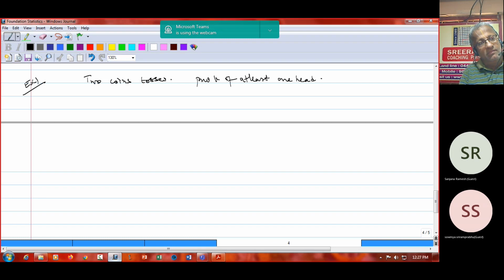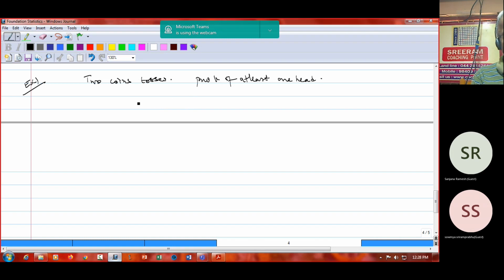Getting 1 head in 2 tosses is 1/4, and 2 heads in 2 tosses is 2/4. When we add, we get the total. Why should you add? Because they are mutually exclusive.